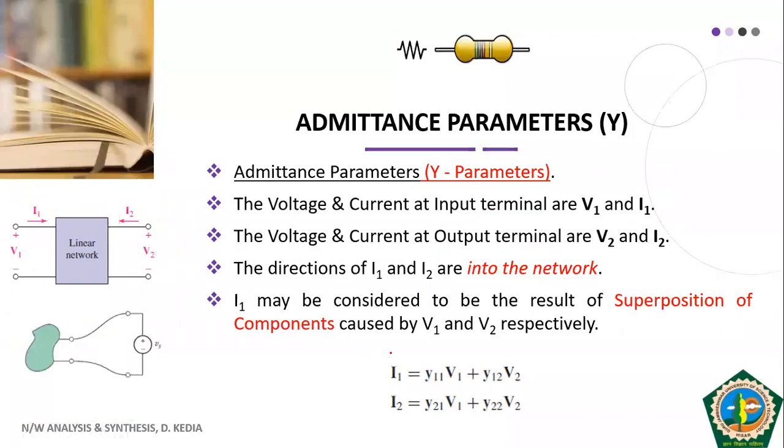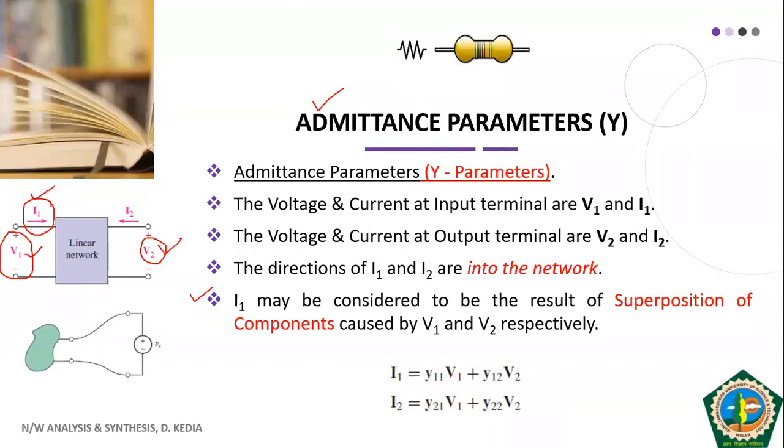Okay, now we will develop the equation for admittance parameters. So students, see here, I1 is the current at terminal 1. We are aware of the superposition theorem. Let us assume that V1 and V2 are the two voltage sources. If we want to calculate the value of I1, then this I1 is the superposition of the current components which will come from V1 and V2 respectively.